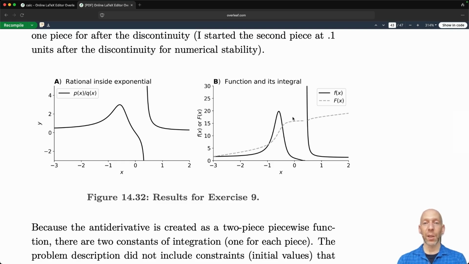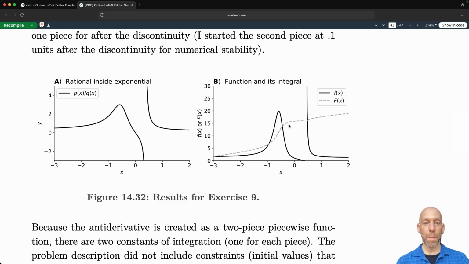Basically, what I did is exclude the function numerical values very close to this discontinuity, and then I took this function and shifted the antiderivative up so that it matches with the final value before we get to this discontinuity over here.